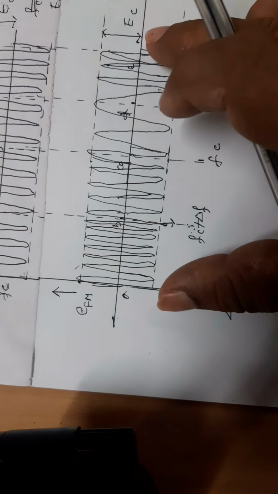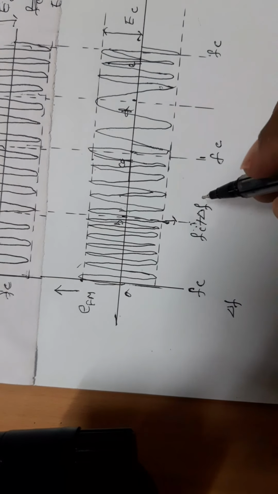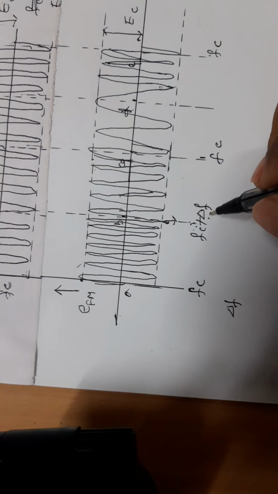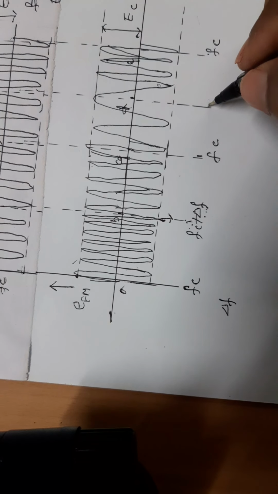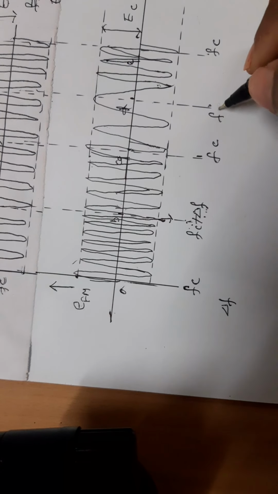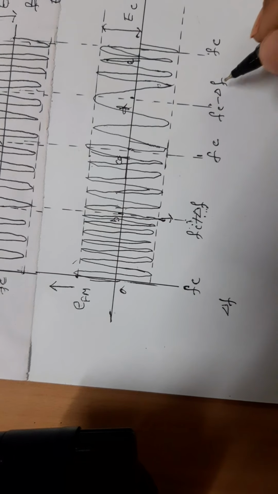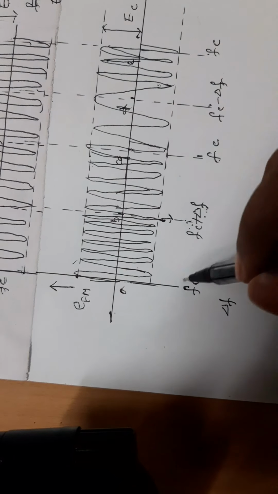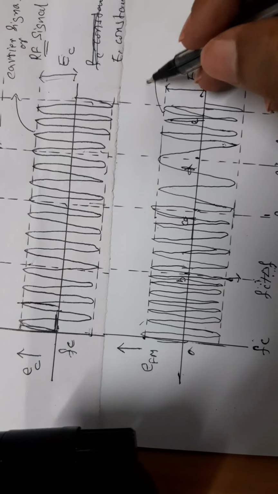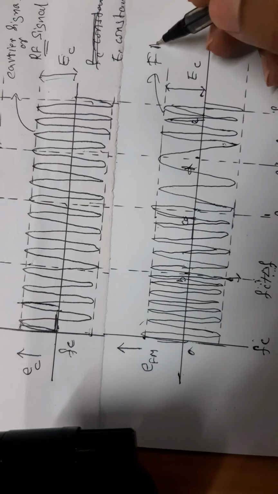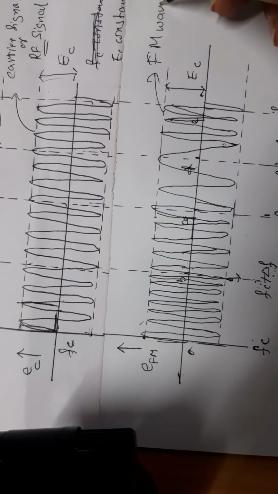Therefore, in the resultant frequency, the amount it increases at the positive peak, the same amount it decreases at the negative peak value of the modulating signal. Therefore, here the frequency is Fc minus delta F. This is a frequency modulated wave.